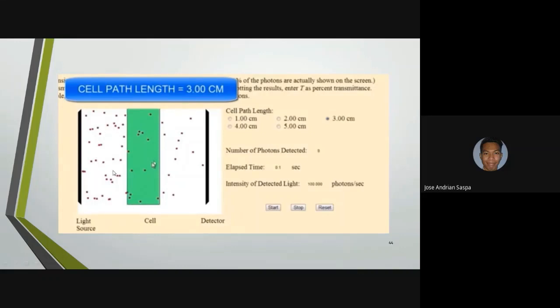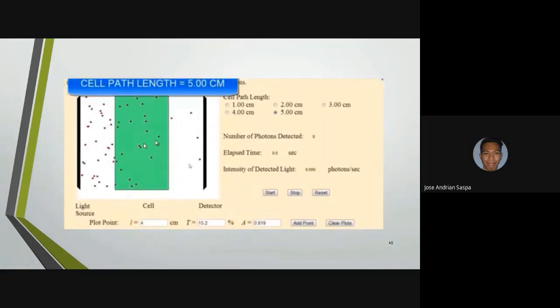Again, in this part, we have multiple particles. And then as the cell path length increases to 3 centimeters, fewer particles are able to pass to this area. And as the cell path length equals 5 centimeters, as you see, even fewer particles are able to reach this area.